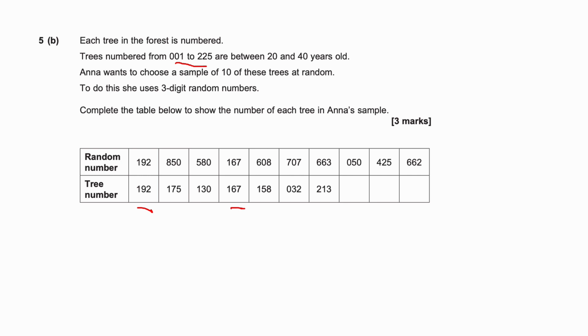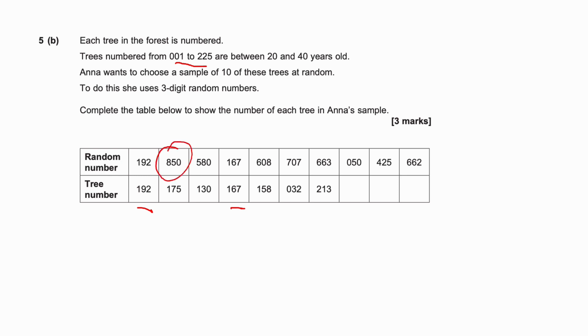If the number generated was 227, we go back to tree 2, etc., until we've done a whole other chunk of 225, which takes us up to 450. Then for the 451st one, we go back to 1. So we're just going to use these numbers to count from 1 to 225, and once we've finished, go back to the beginning again.